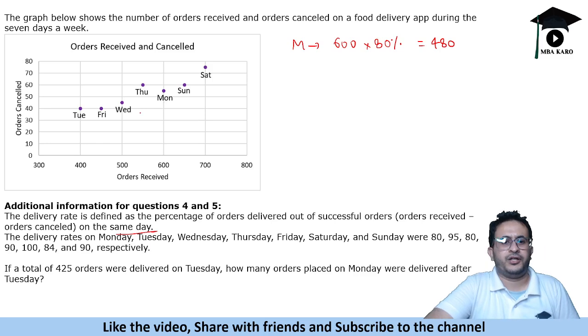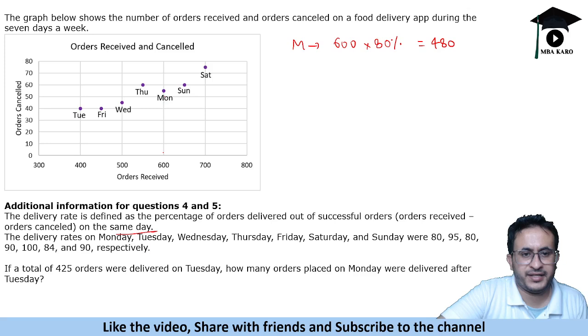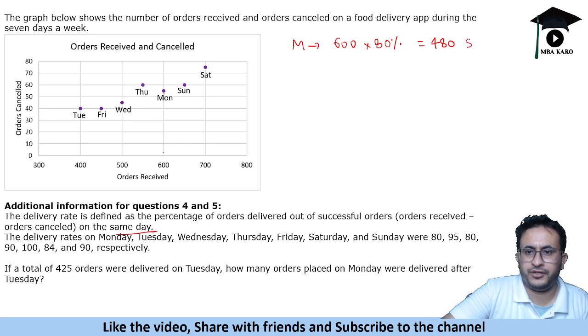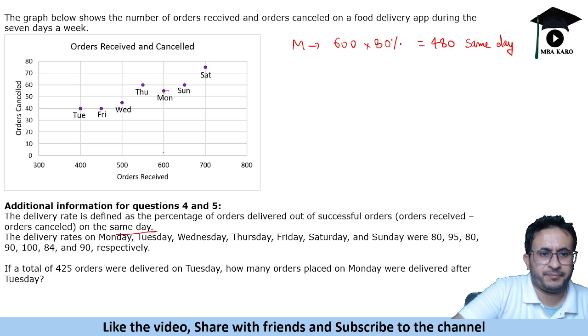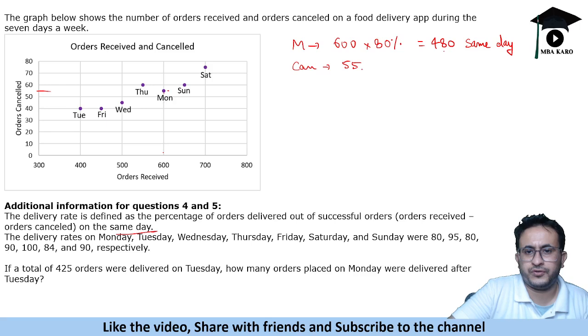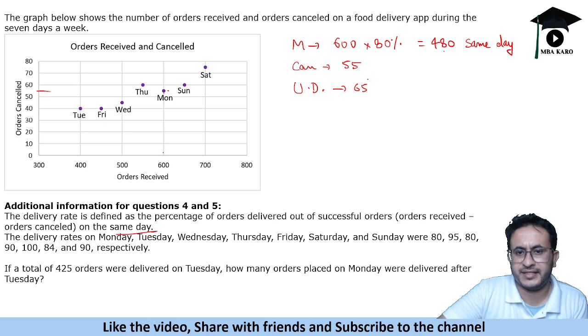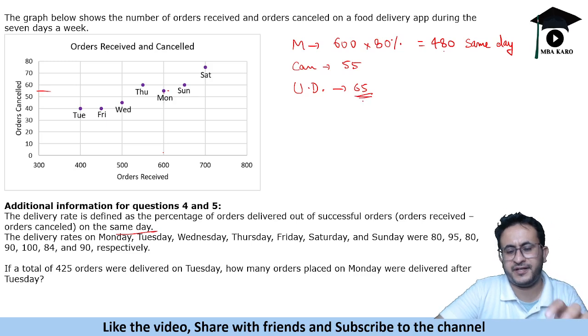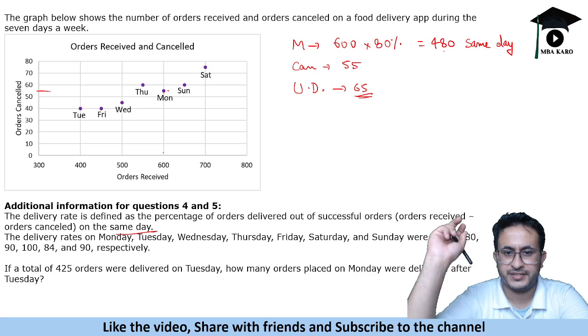Now if you look at Monday, 55 were cancelled. In the previous question we said that undelivered is 65 because we have 3 categories: delivered, cancelled and undelivered.